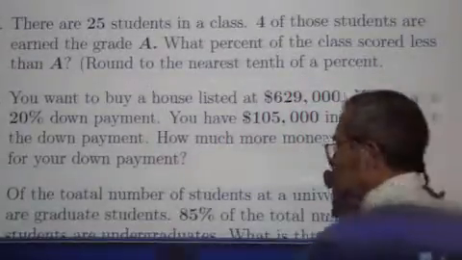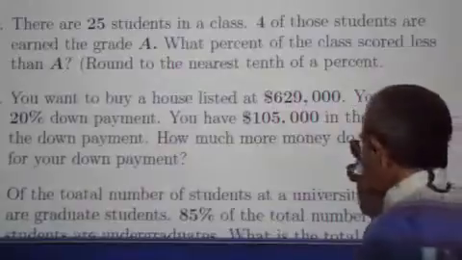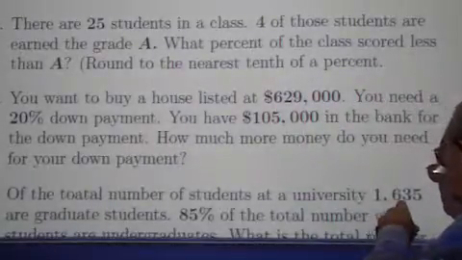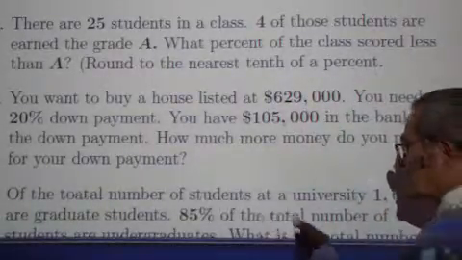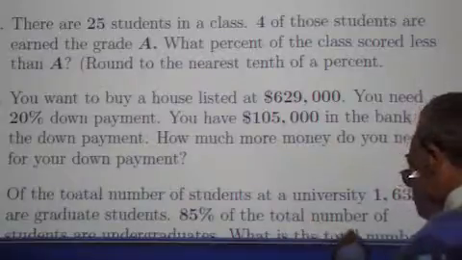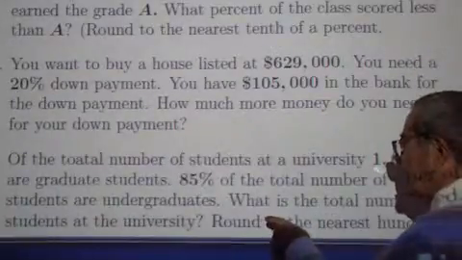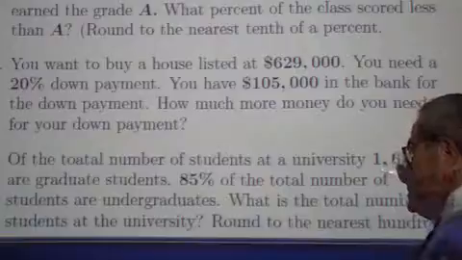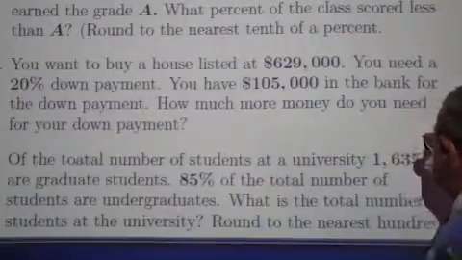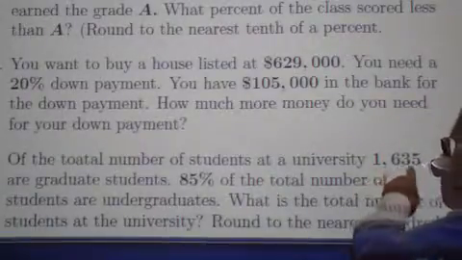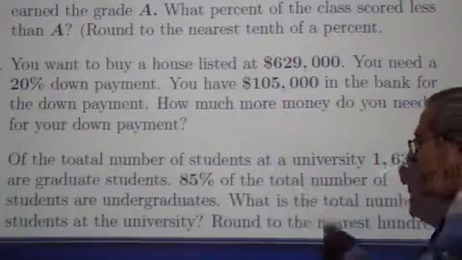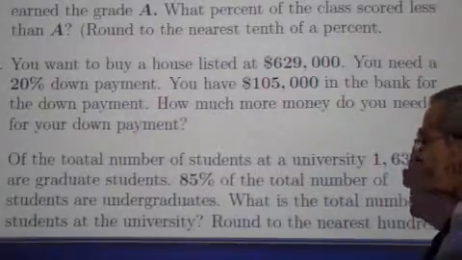Of the total, there's a misprint here, of the total number of students at the university, 1,635 are graduate students. 85% of the total number is non-graduate. How many students are at the university? So 1,635 graduates, 85% non-graduates.